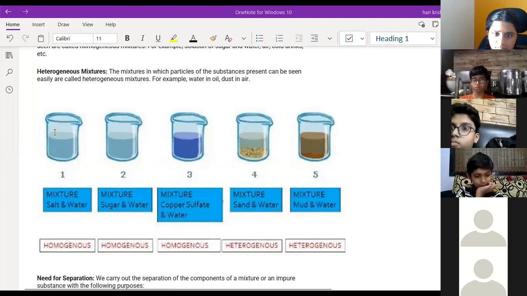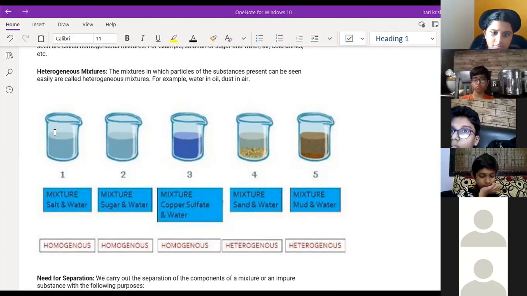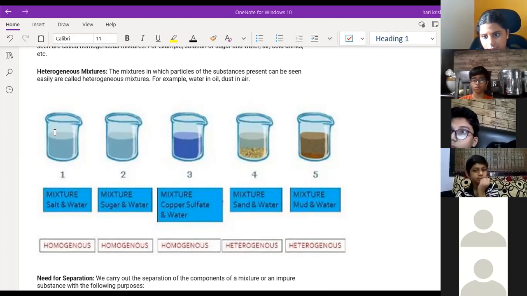If the mixing of the two components is thorough, that is homogeneous. That means we have uniform mixing throughout the mixture. Uniformly means equally mixed in all proportions. Understand, Ashwath, now?